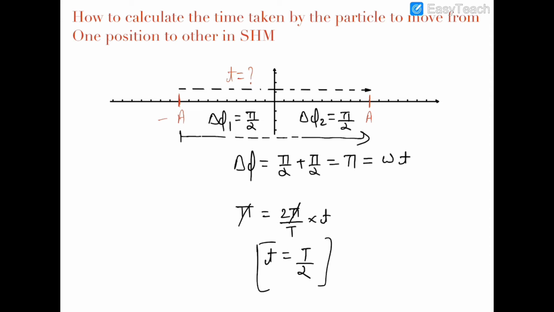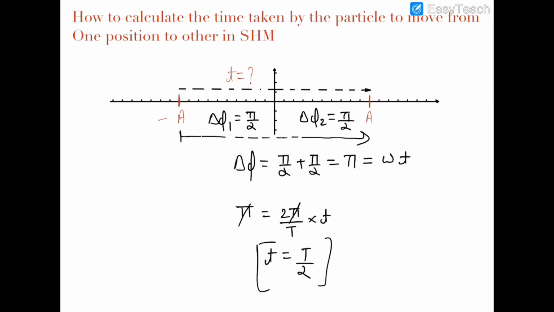obviously this we can predict directly because this is a half cycle. When the particle moves from minus a to plus a then it is a half cycle, and when it comes back again to minus a, then that is a full cycle. So the time taken by the particle to complete the full cycle is T, and therefore the time taken by the particle to complete this half cycle is T by 2.